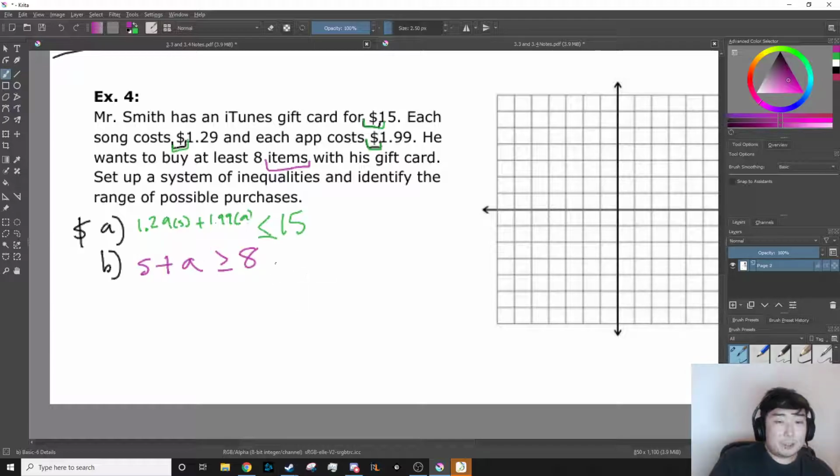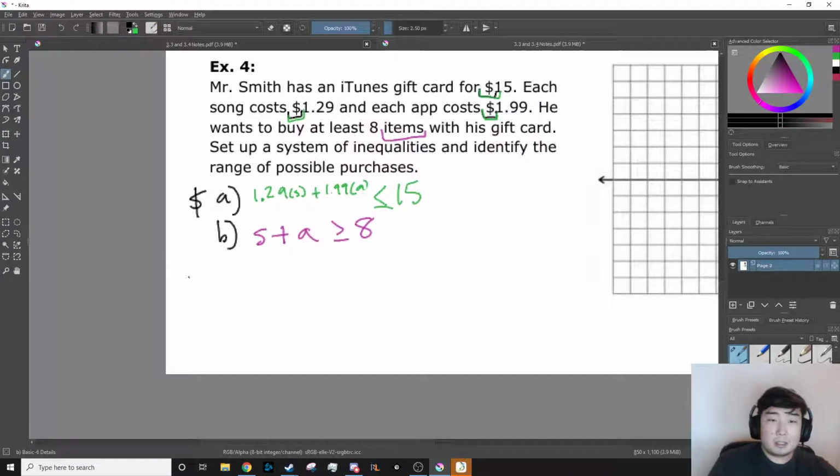So now that I have 2 equations, now I can apply my steps, which is y equals mx plus b. For simplistic reasons, I'm gonna make this my x, and I'm gonna make this my y.